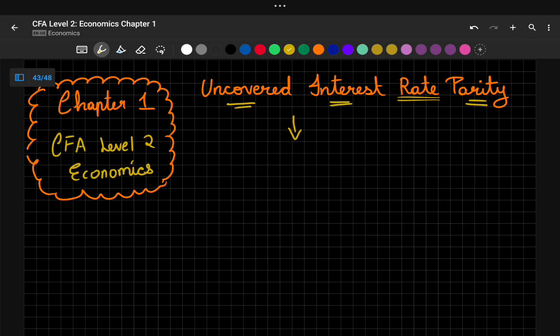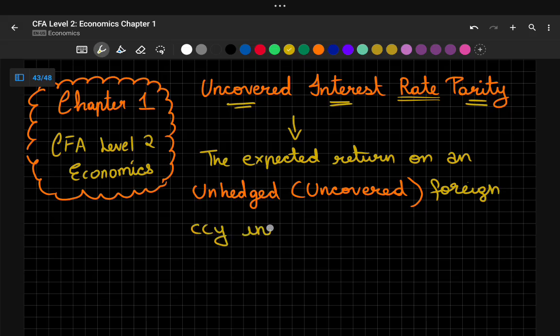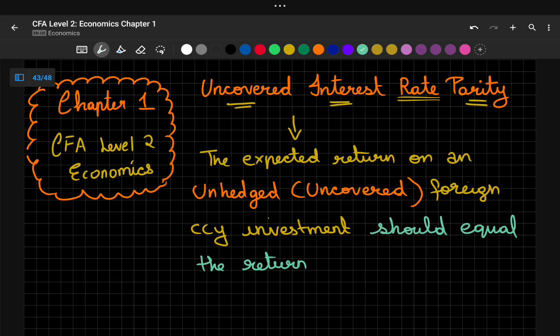As per Uncovered Interest Rate Parity Condition, the expected return on an unhedged foreign currency investment, so uncovered means unhedged, should be equal to the return on a comparable domestic investment.